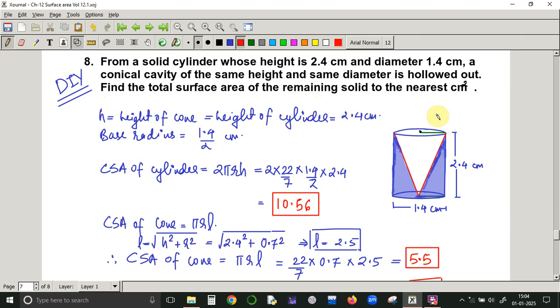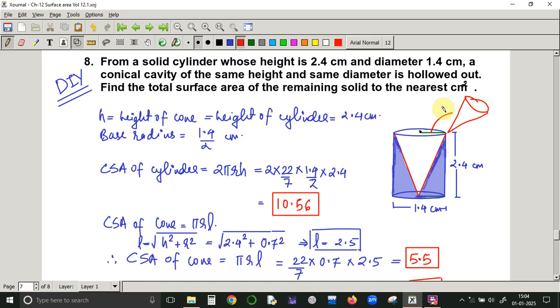Now again, from this solid object, what is removed? A conical shape of wood.